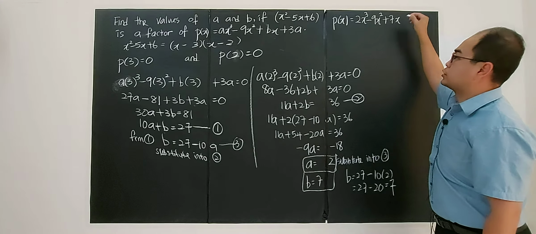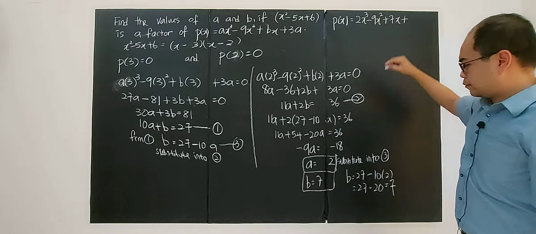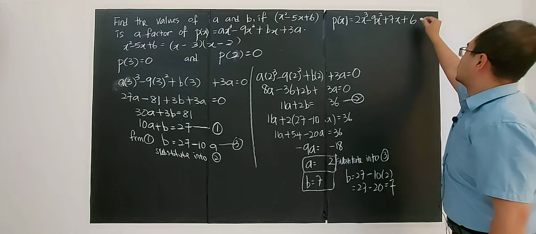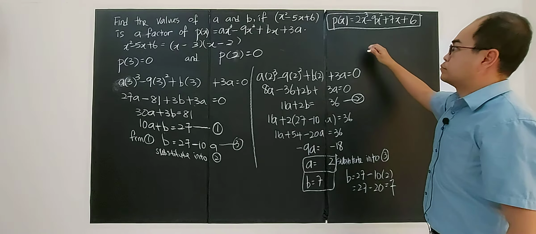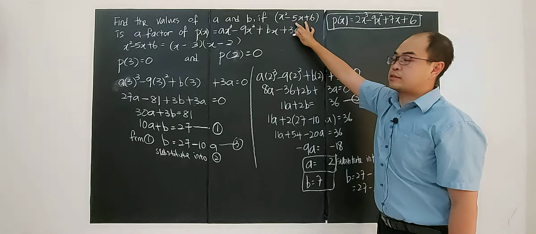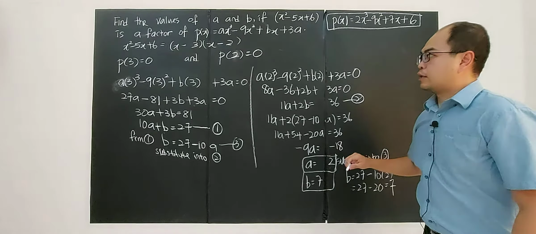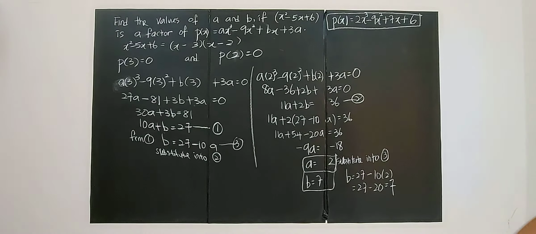It's a cubic equation. 7x plus 3a, 3 times a, is 6. So this is the polynomial, and this is a quadratic factor. This is a factor of this polynomial. So okay, in the same video I'm going to show you how to factorize the p(x) completely.